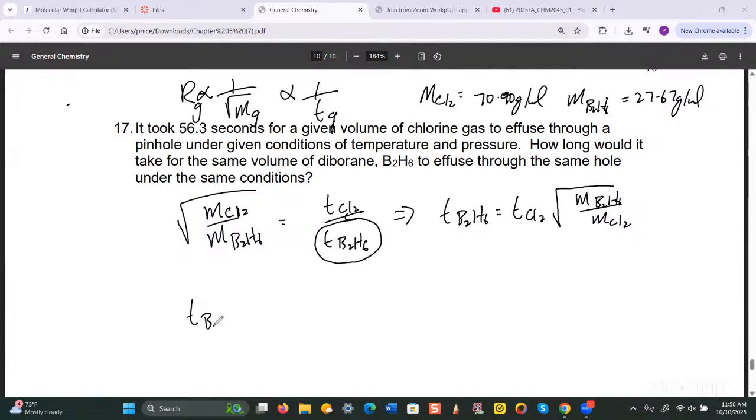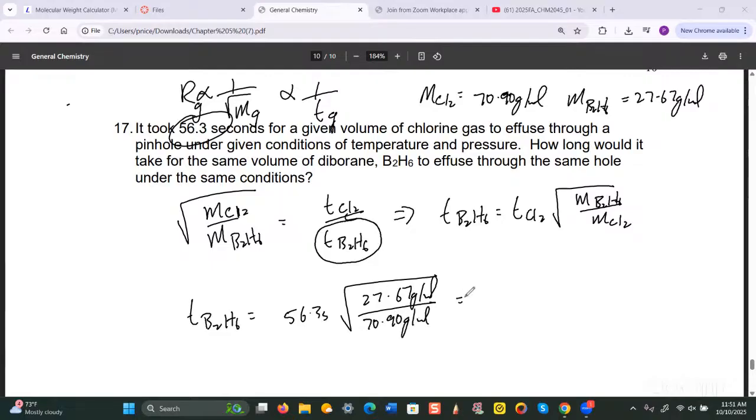And from here, it's all a matter of plugging the numbers in. So for chlorine, the time of effusion was 56.3 seconds multiplied by the square root of B2H6, which we determined to be 27.67 grams per mole, all divided by the molar mass of chlorine, which is 70.90 grams per mole. And that's it.